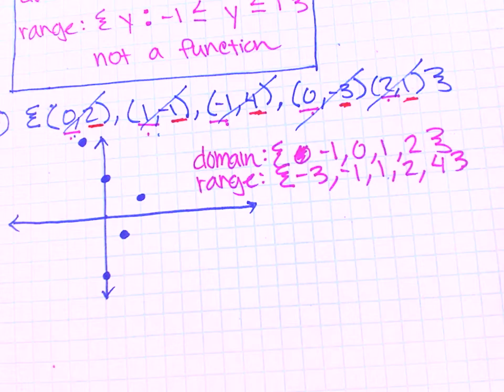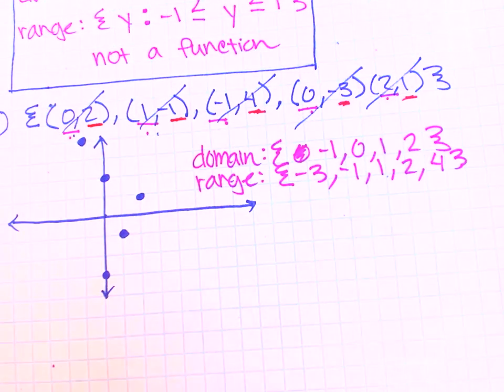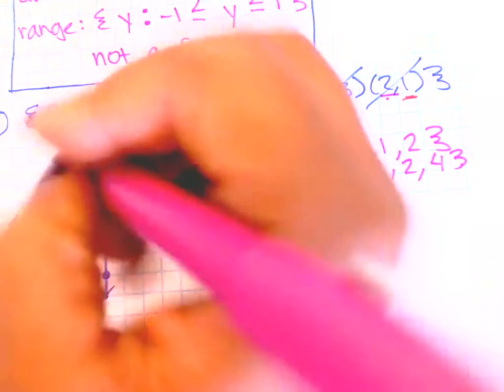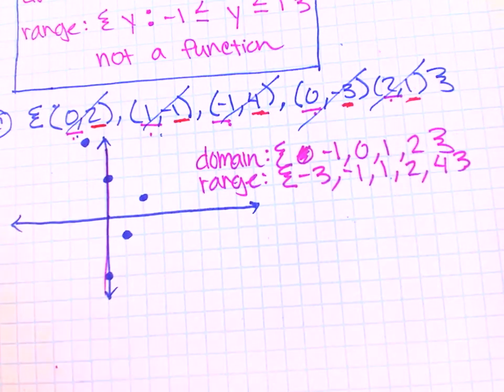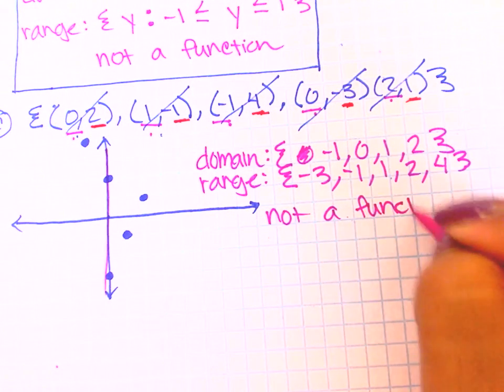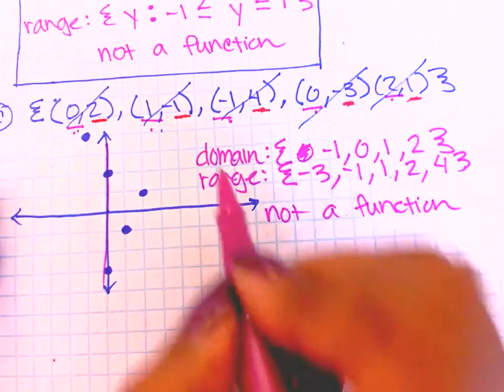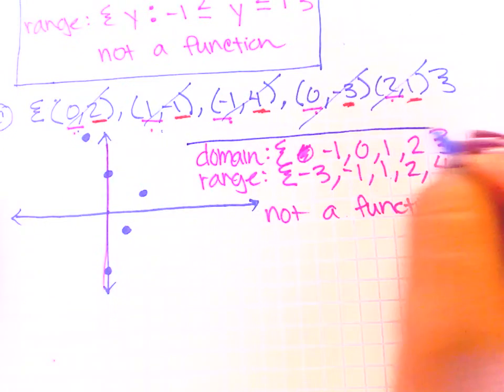Then the last question it asked me is it a function or not? Are there 2 points that go through the same area? Yes. Do you guys see that right here? So is it a function? No. No, not a function. Does that make sense?